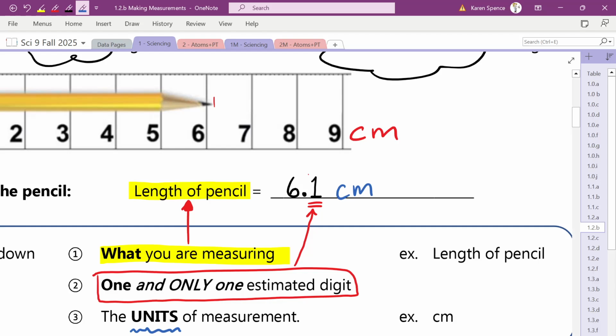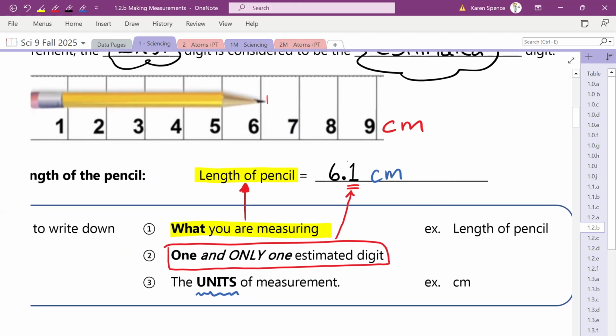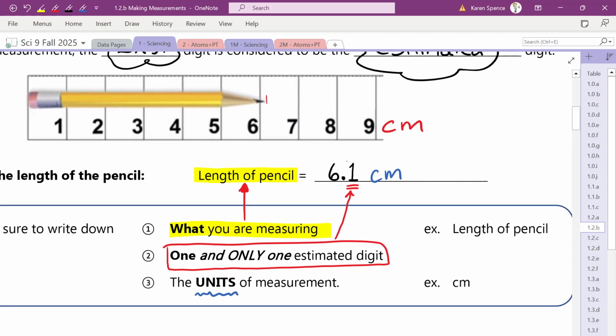If I have not been clever, I will forget to do it and I will let you know what they are. But hopefully, fingers crossed, I have all the things on there. So we have 1, 2, 3 things: what we're measuring, one estimated digit, and the units of measurement.